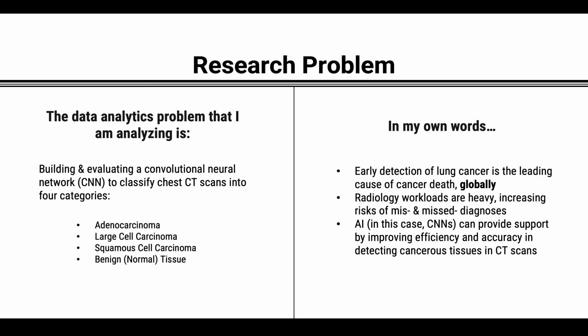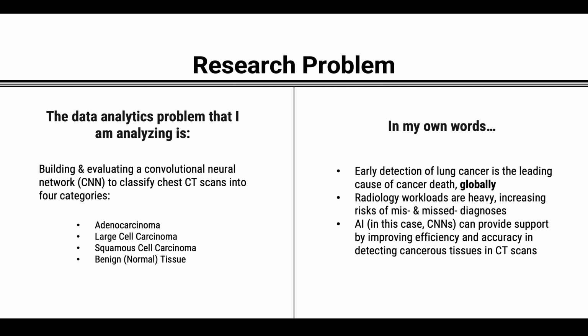The core problem that I am analyzing is whether a convolutional neural network can accurately classify chest CT scans into 4 different categories. The categories being adenocarcinoma, large cell carcinoma, squamous cell carcinoma, and benign tissue. In my words, this problem matters because lung cancer remains the leading cause of cancer deaths worldwide, and early detection is critical for survival.